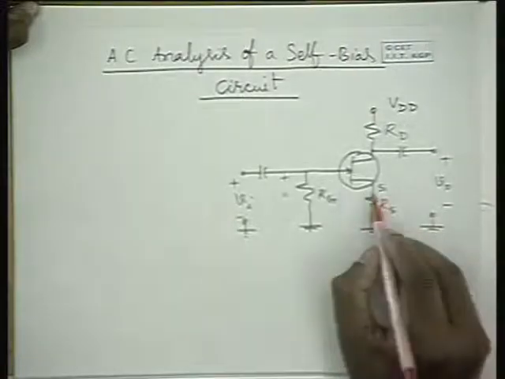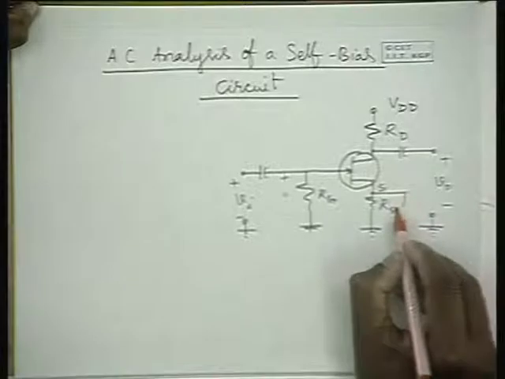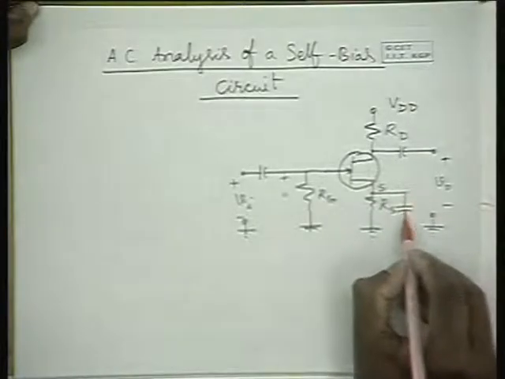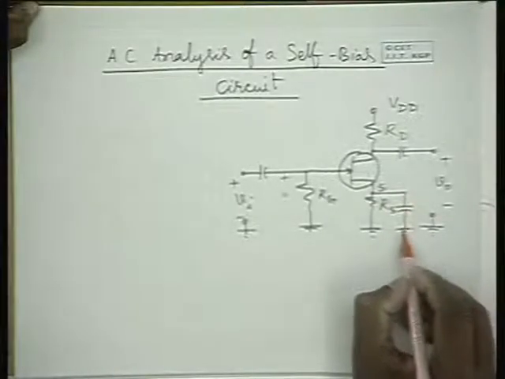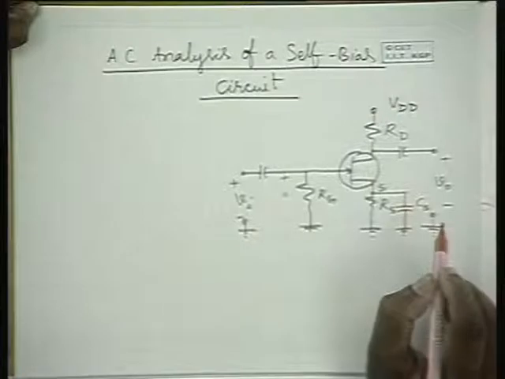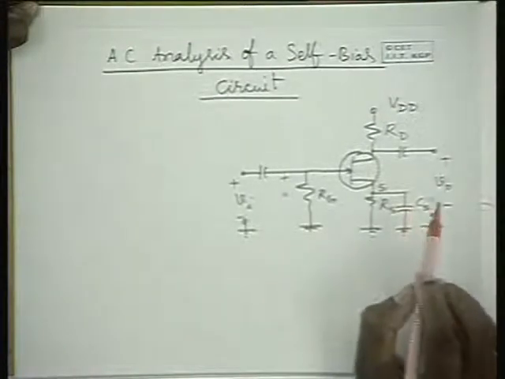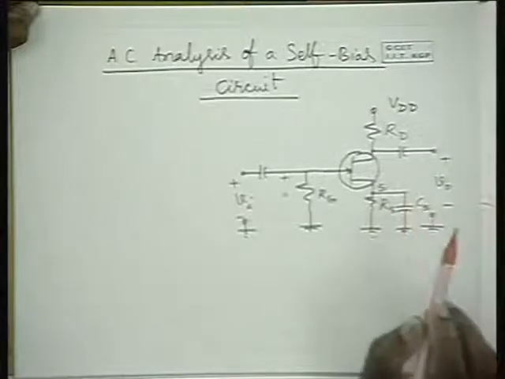So to reduce this problem, we use a bypass capacitance, emitter bypass, here it is source bypass capacitance, like the emitter bypass capacitance in the case of a common emitter amplifier.